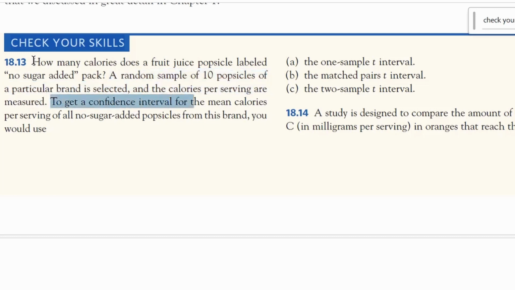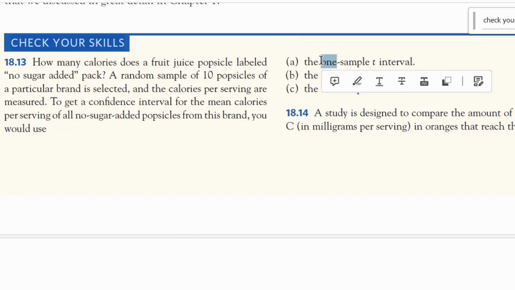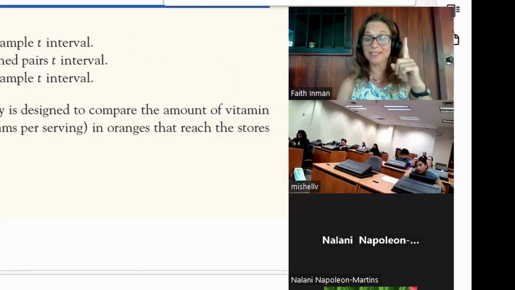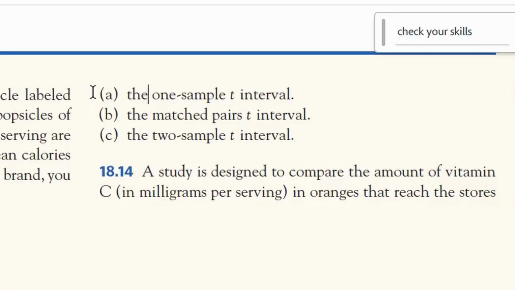To get a confidence interval for the mean calories per serving of all no sugar added popsicles from this brand, you would use the one sample t interval, the matched pairs t interval, or the two sample t interval. A, right? We have one sample, so it's got to be the one sample, right? It's not going to be that hard. Everybody's going to do great.